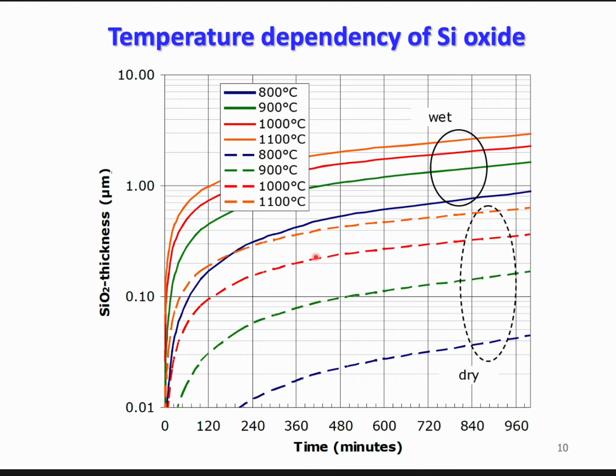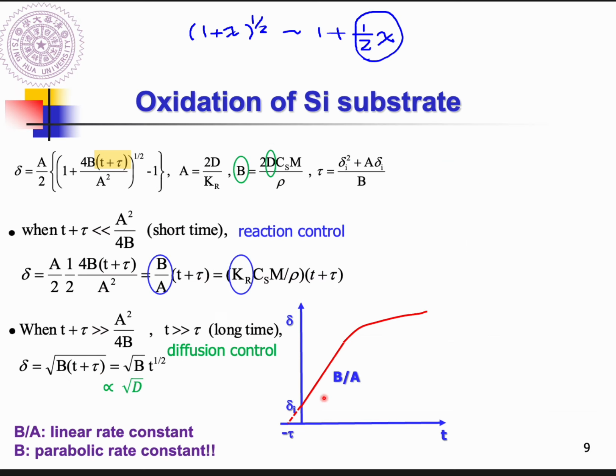And when you increase the temperature, you can observe the thickness gets thicker and thicker. So I can convince you that in the shorter reaction time it is linear, then becomes parabolic. Okay, so in this regime, short reaction time is reaction control.